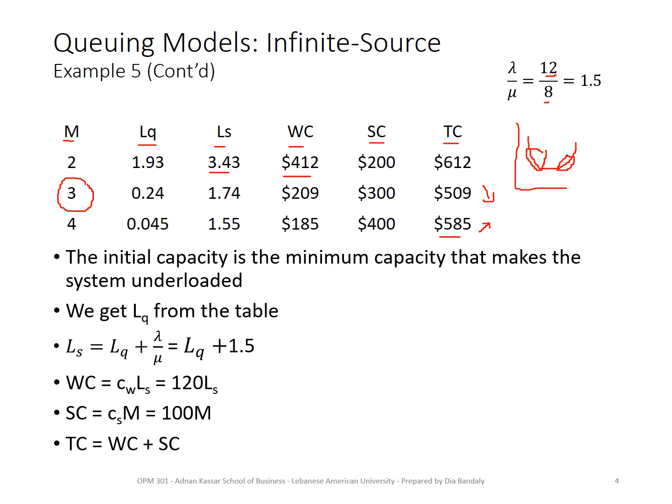But to answer the original question, which is how many workers we should hire, it will be 3 times 5 workers, right? Because 3 servers, and every server consists of 5 workers. So that's 3 times 5 equals 15 workers. This is our final answer.